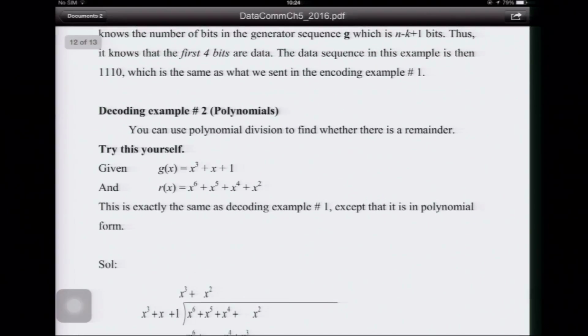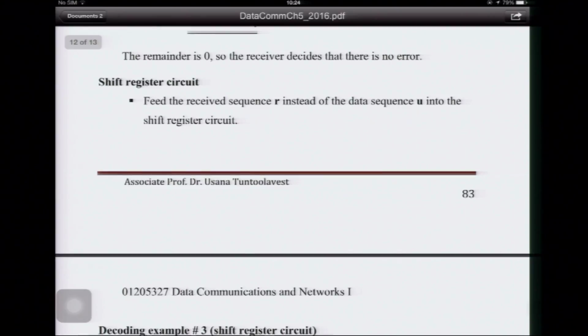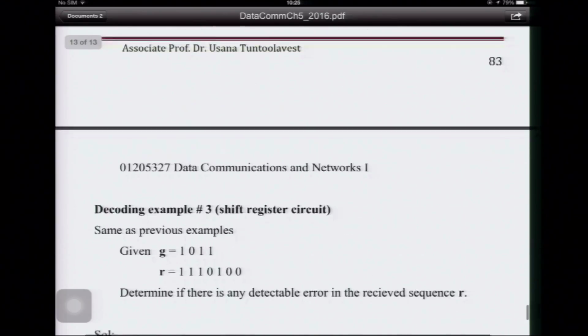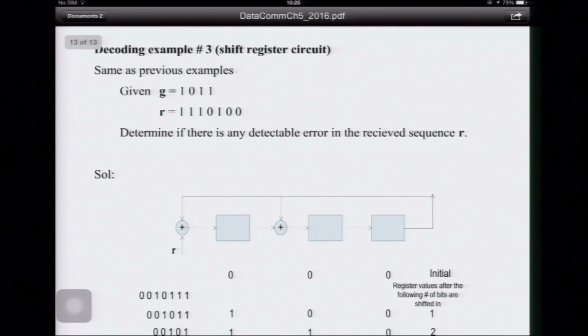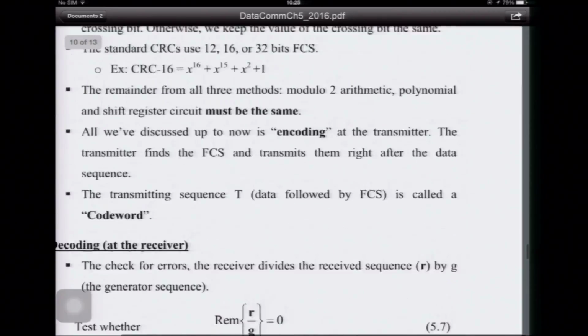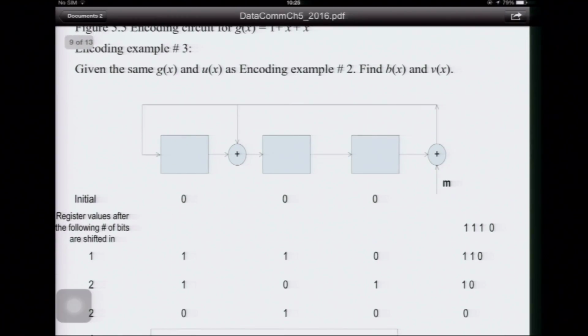The last method is the shift register circuit. In this case, you have to feed the shift register circuit the received sequence instead of the data sequence, and you have to input on the left. If you remember, in the last circuit, when you encoded, you put the data on the right.